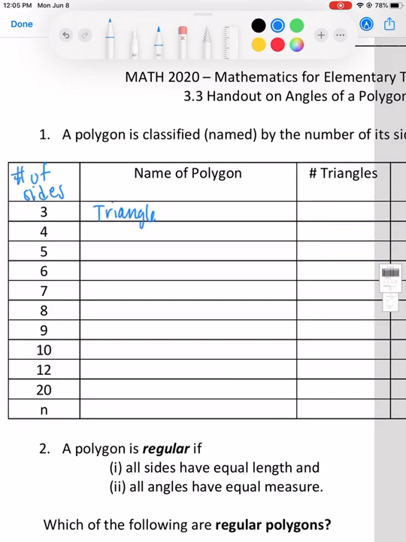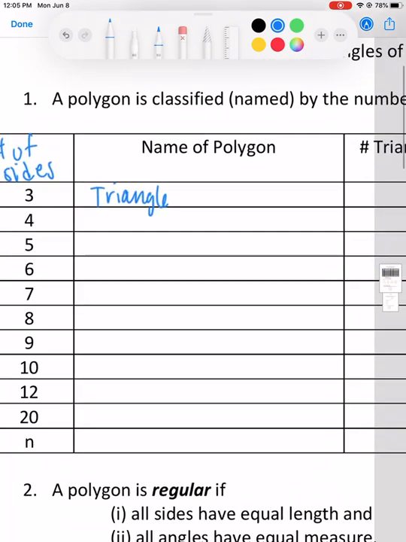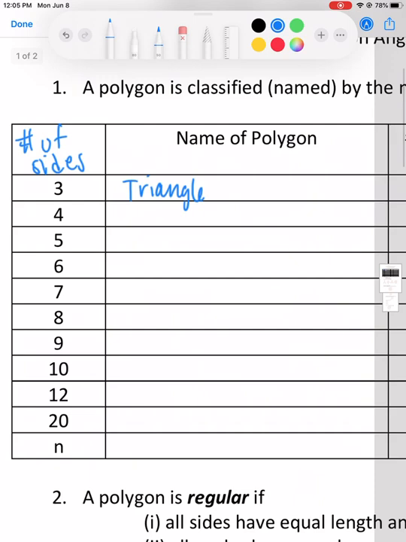Okay, so for the first part of this video, we're going to focus on just naming the polygons. Polygons are named from Greek prefixes based off of the number of sides, with one exception, that's number 4.